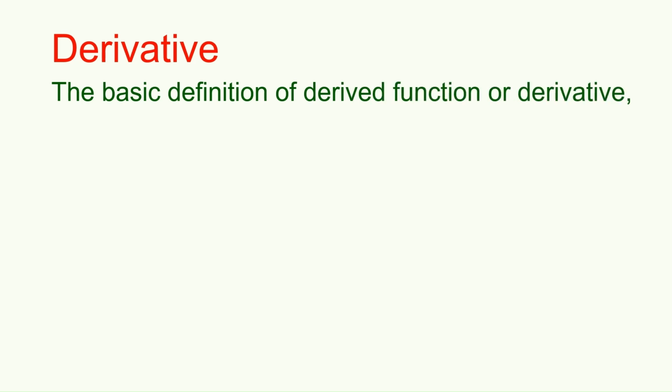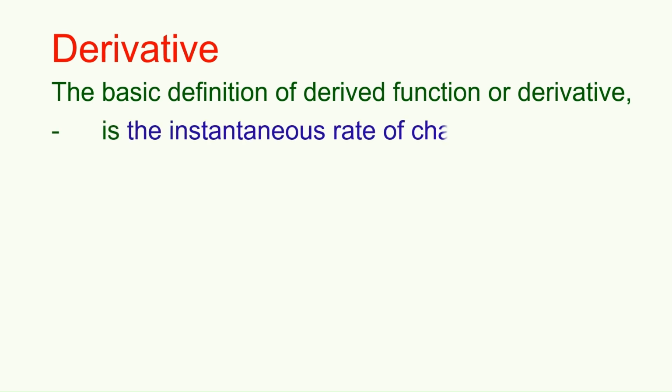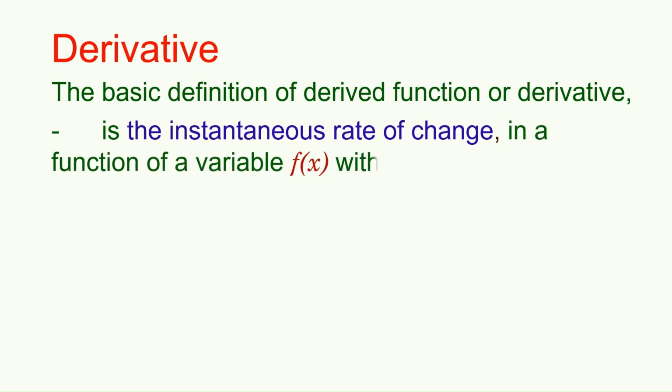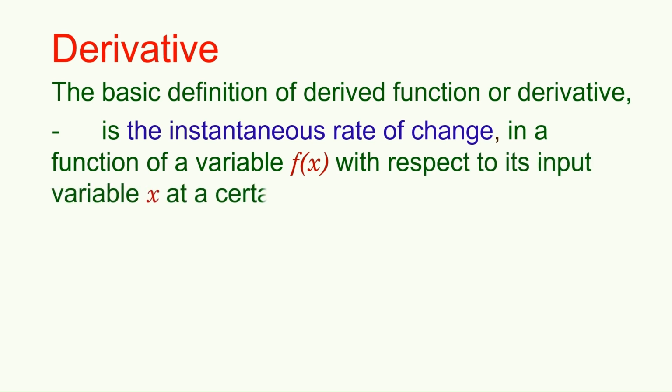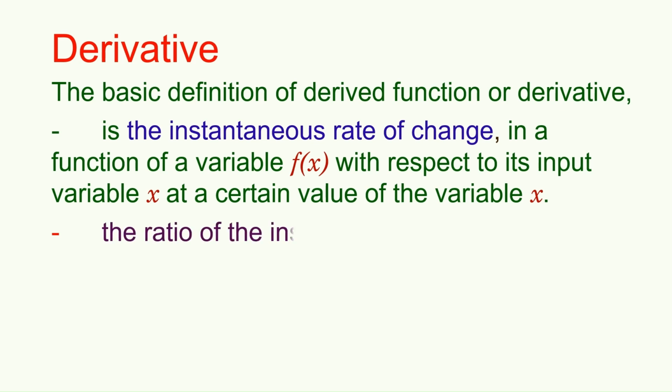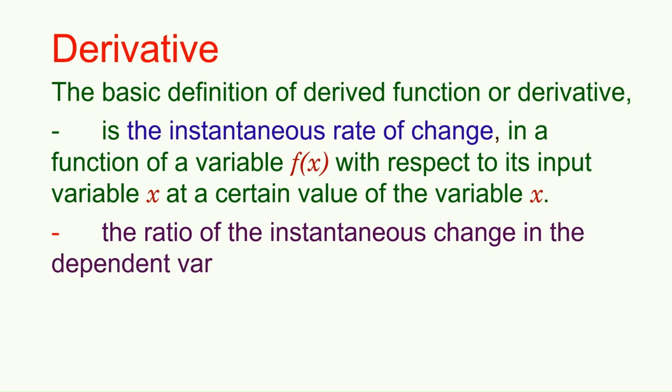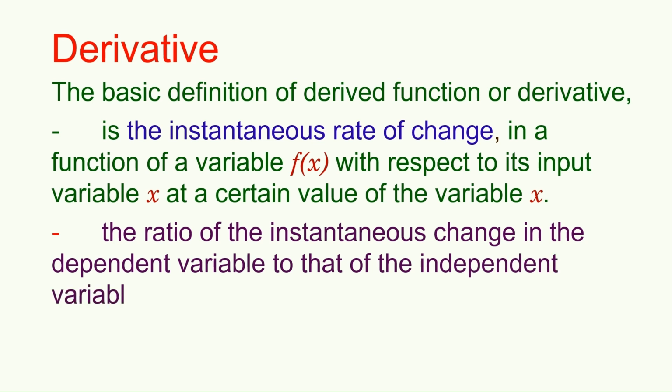The basic definition of a derived function, or derivative, is the instantaneous rate of change in a function of a variable f(x) with respect to its input variable x at a certain value of x. It is the ratio of the instantaneous change in the dependent variable to that of the independent variable.